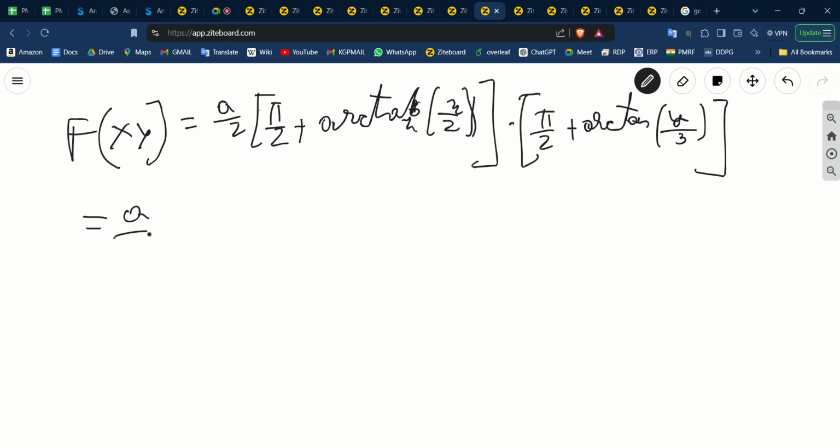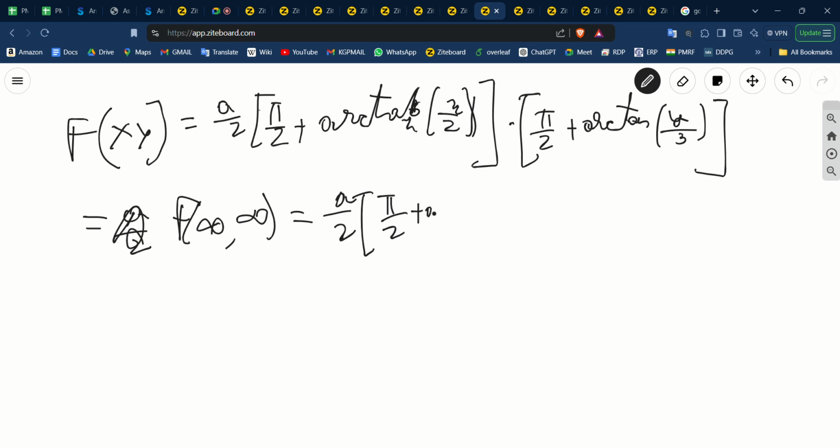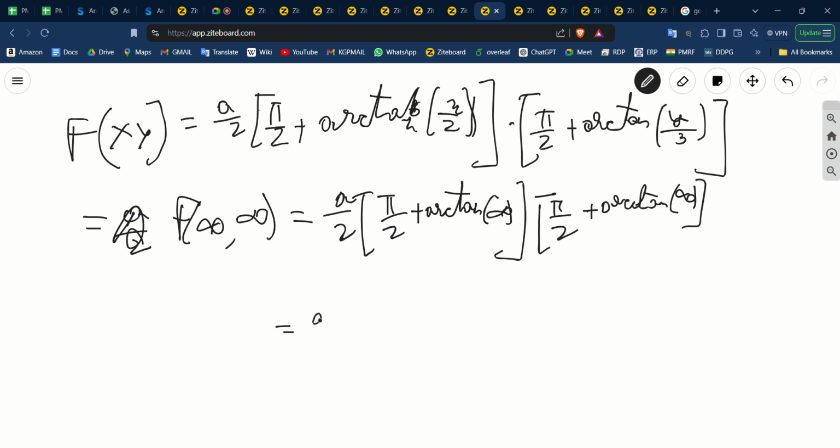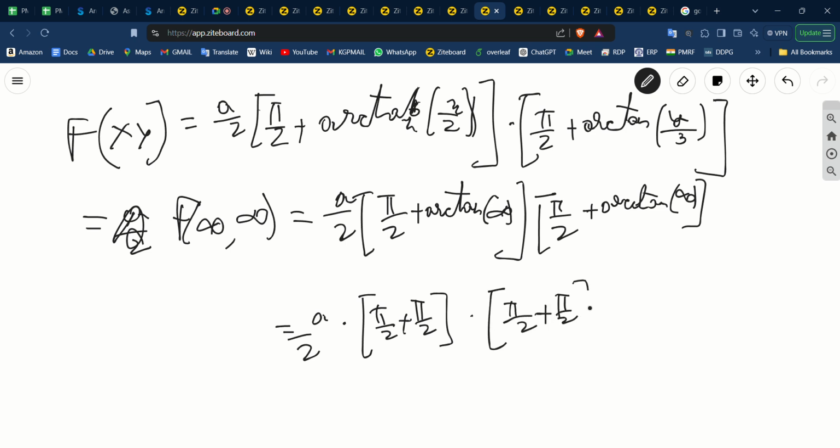Now, this is for F infinity comma infinity. So both variables should go to infinity. At that point, the CDF should be 1. So A by 2, pi by 2 plus arc tan infinity, and here also it's pi by 2 plus arc tan infinity, is equal to A by 2 into pi by 2 plus pi by 2 into pi by 2 plus pi by 2.